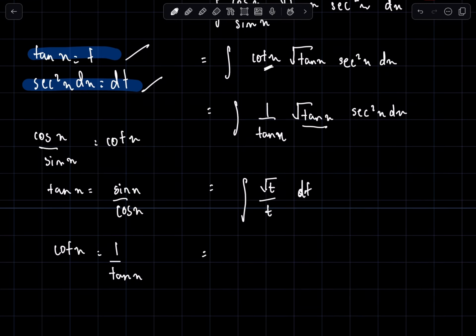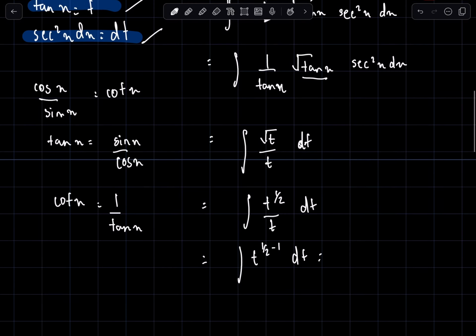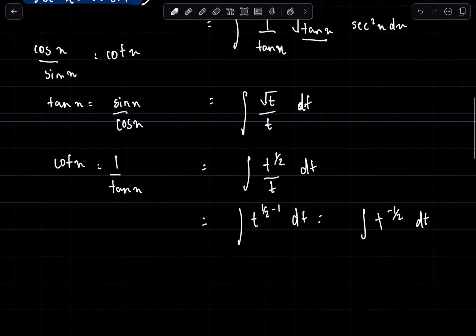Right, so what does this mean? This is integral of t raised to power half divided by t dt, which is equal to t raised to power half minus 1 dt, which is equal to integral of t raised to the power minus half dt, right?